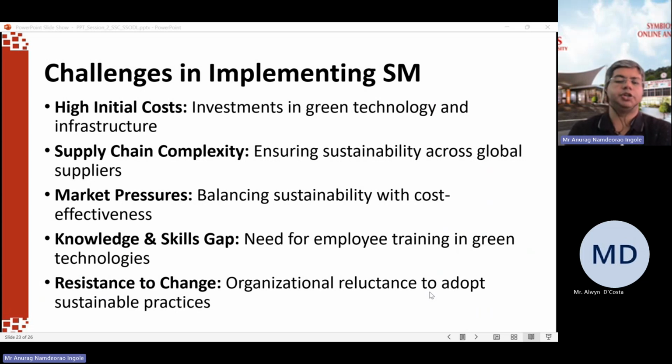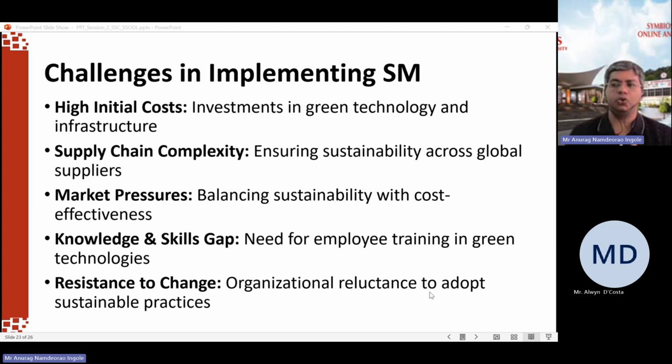Any change that you are going to bring in is going to have resistance from your employees, your organization, and your management. It is going to be there because you are disturbing their day-to-day operations.